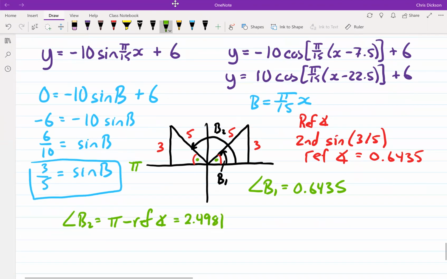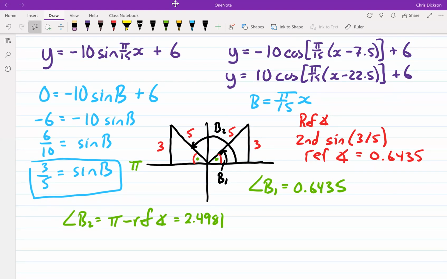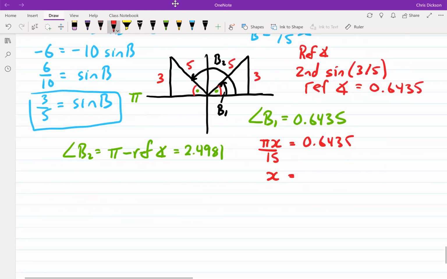Now all I have to do is find the first one, by the way, but I'm going to find both just to make sure you believe what I'm saying. So I'm going to make this x1. I have to remember that B was really pi x over 15, and that equals 0.6435.